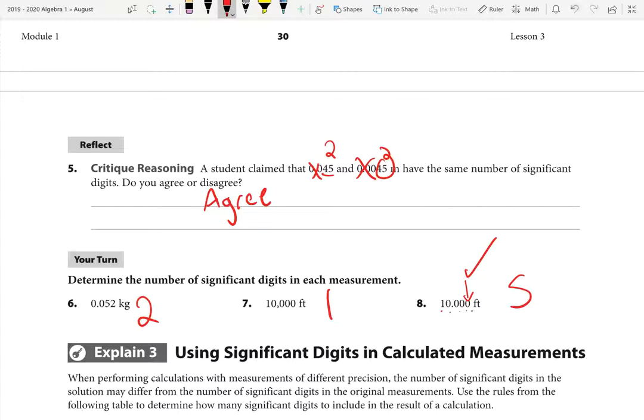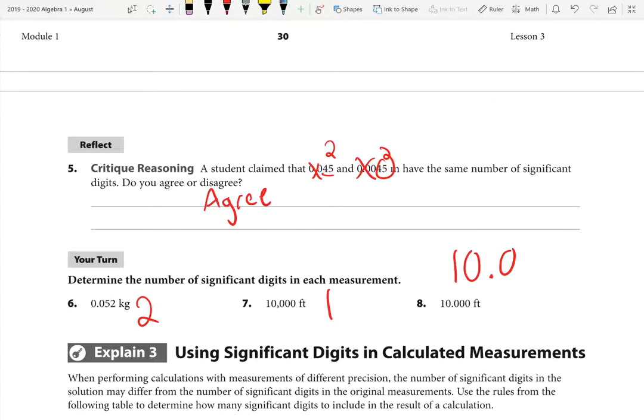1, 2, 3, 4, 5. All of them are significant digits. If you just had the number 10 and just said 10 feet, it would only have one significant digit because there's no decimal place. If you make 10.0 though, because you've introduced this decimal place and because you have the 0 to the right of the decimal place, that would mean all those numbers are significant, so you'd have 3.